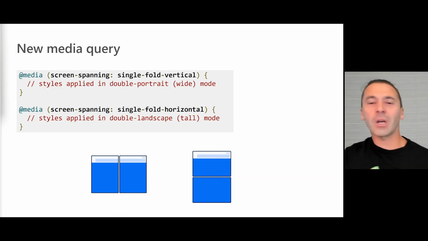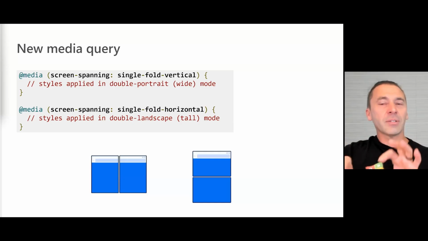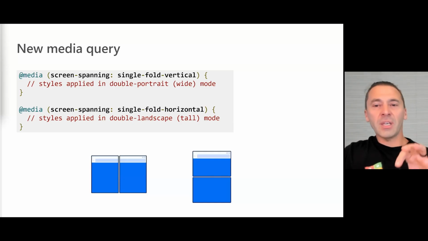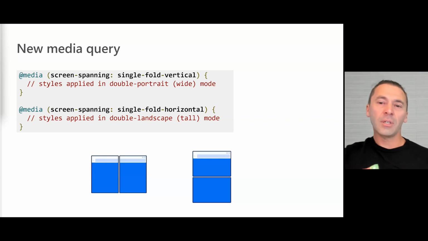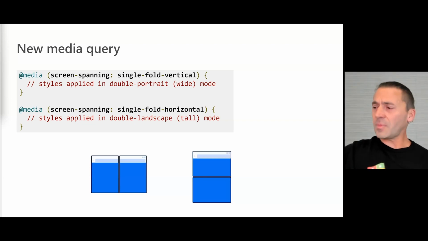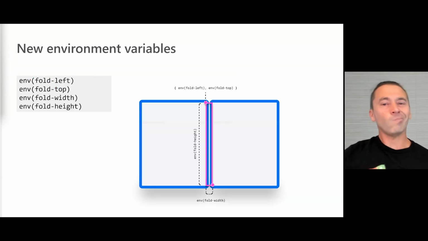So you could change the font color, or you could change the background color. But more importantly, you can change the layout to move stuff to either side of the hinge, or do some other neat transformations for when you're on a foldable device. And you'll know if it's horizontal or vertical. So really simple addition to the API that lets people take advantage of foldable devices.